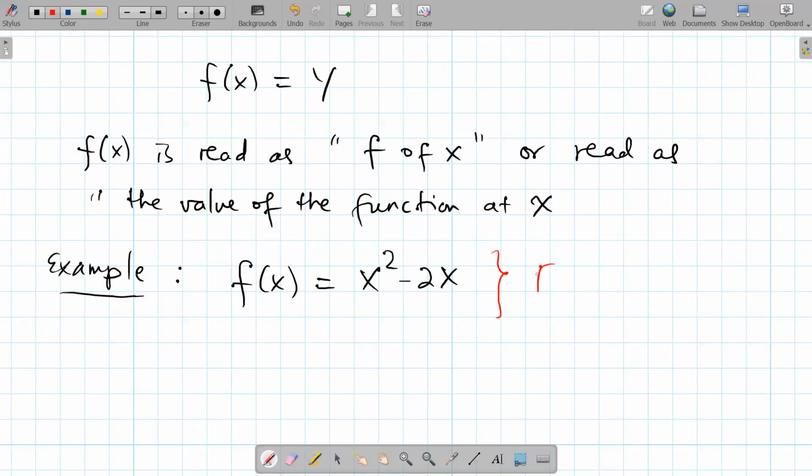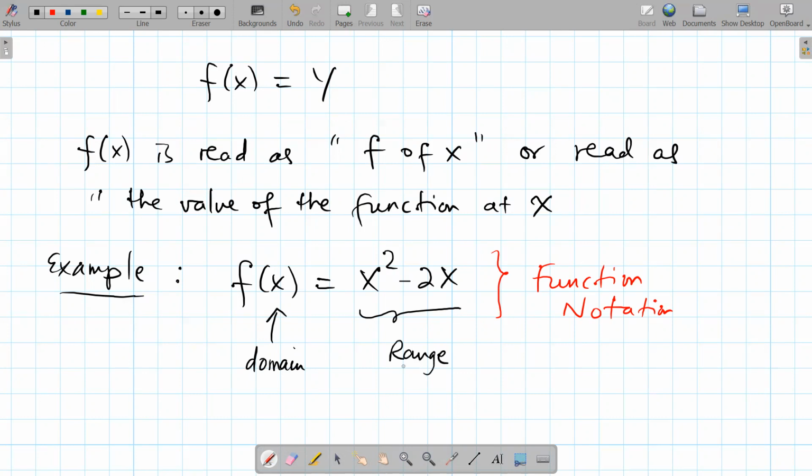Where this is the domain, an element in the domain, and everything here is going into your range.